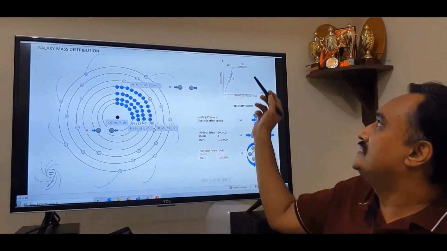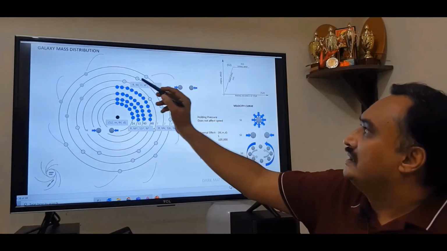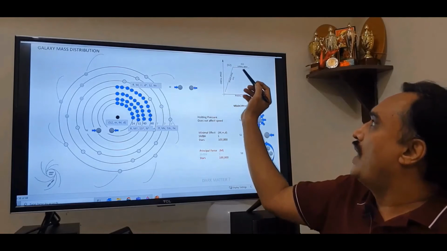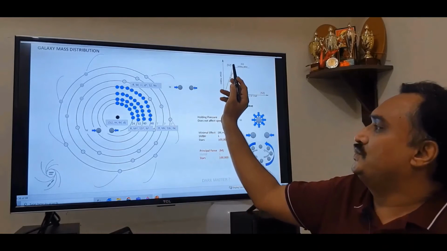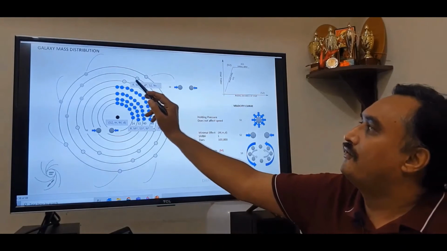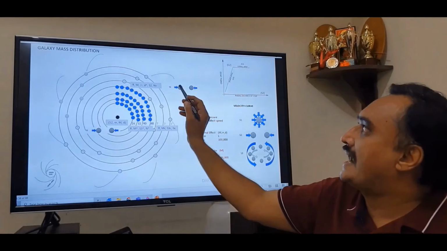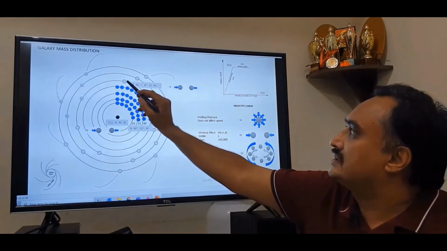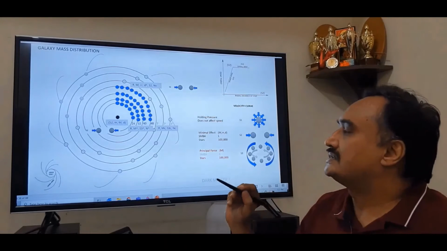The next is at the junction of the inner ring and the spiral arm, where these stars are not falling back. Why would that be? Because there is a play of S2. Like we saw here S3, there is a play of the force S2. That means the inner ring is acting as a primary mass and the stars in the spiral arm are acting as secondary masses.